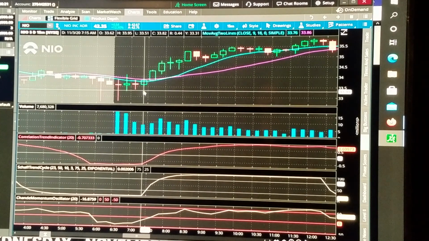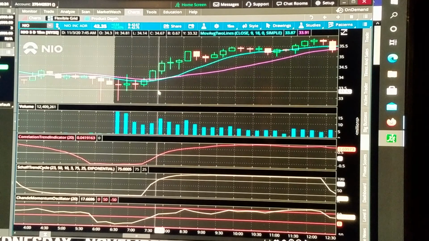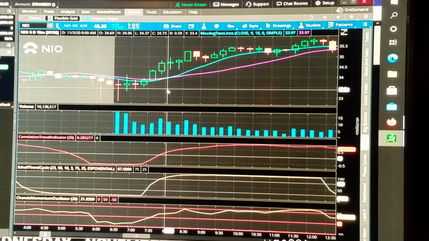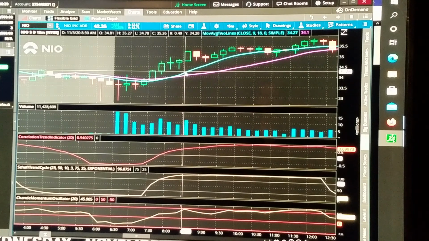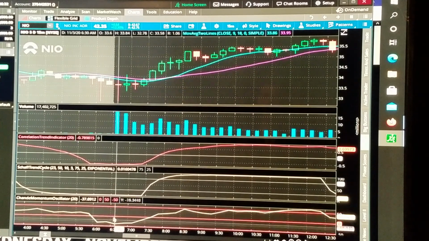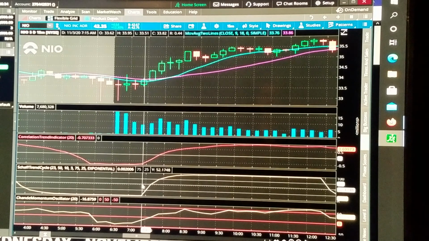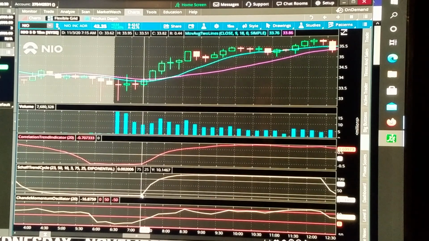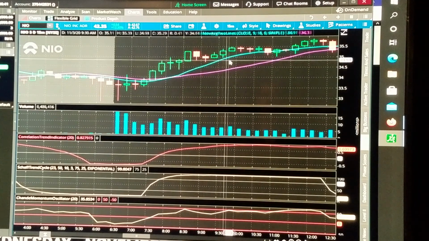And as it started to recover above the positive line, the moving averages cross over. So this one gets the signal a little bit first, and then this one gets it. This one seems to get it last, and then the moving averages, of course, you can see.